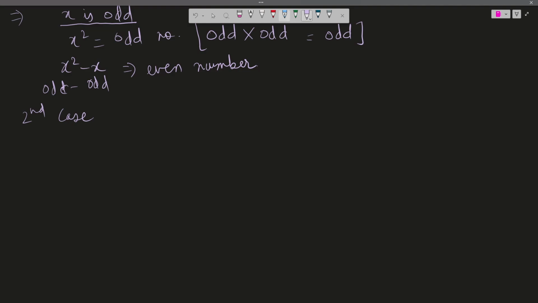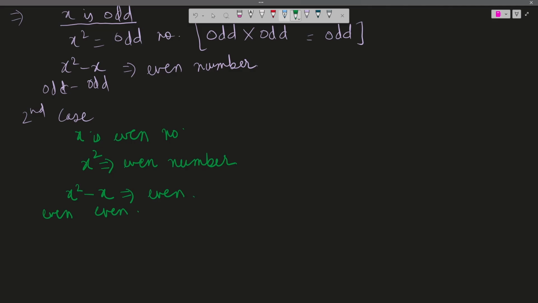Now the second case, if x is an even number, then x square is also an even number, and x square minus x will also be an even number, because both of them are even.